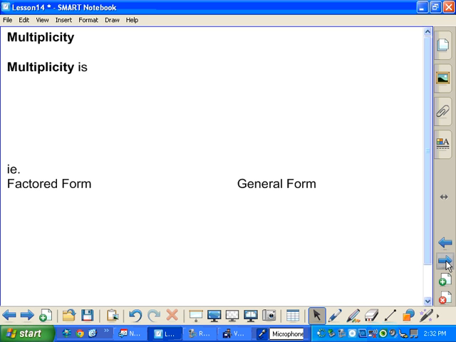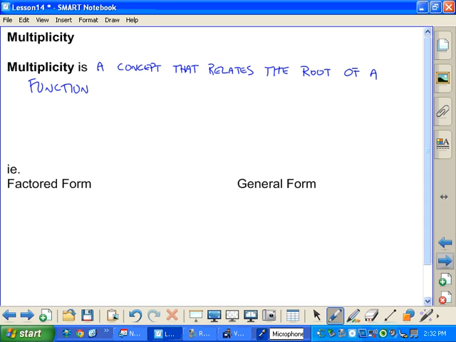So what is multiplicity? Multiplicity is a concept that relates the root of a function with the degree of the factor, and in brackets, talking about that root.